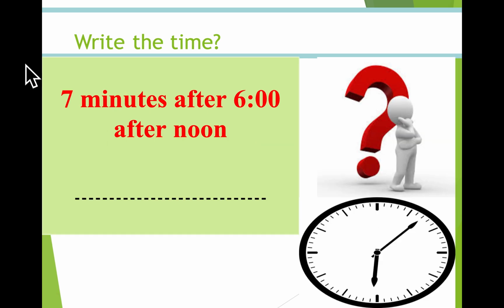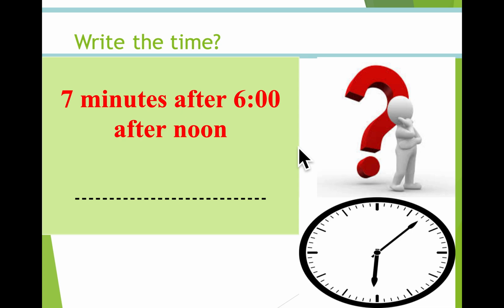Alrighty, what about this example? Write down the time. Make sure you use AM or PM. It is 7 minutes after 6 afternoon. So why don't we start by writing down the first part, 7 minutes after 6. Let's write that down. 7 minutes after 6 is what?